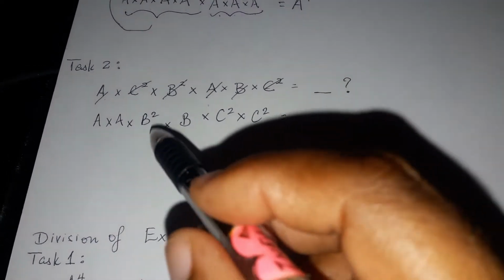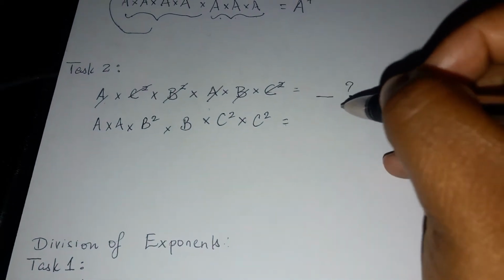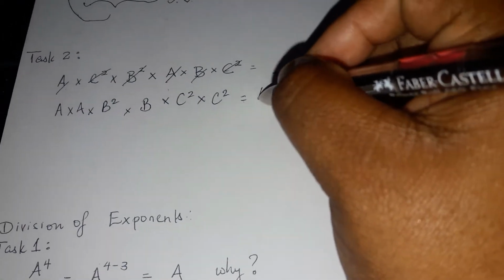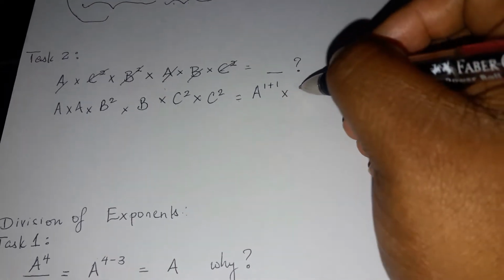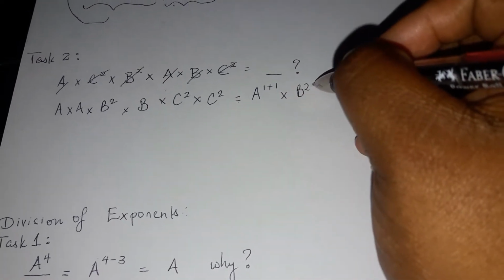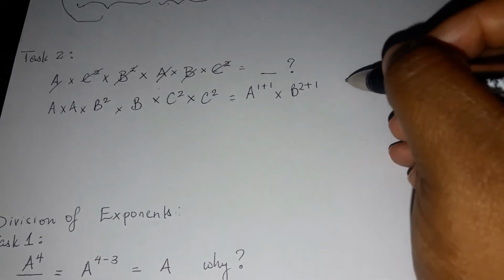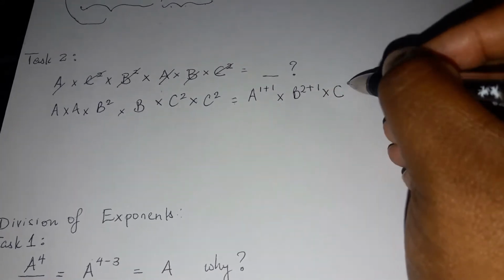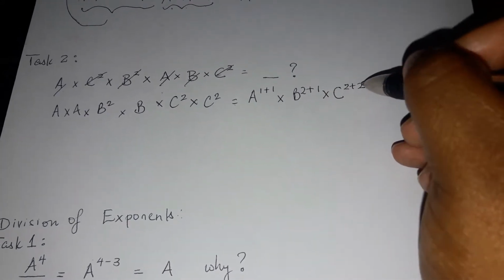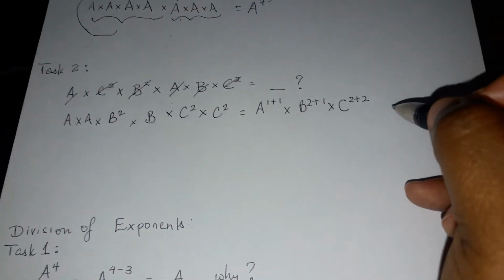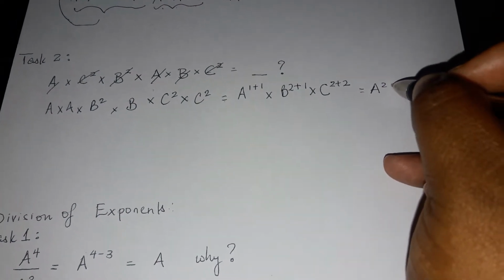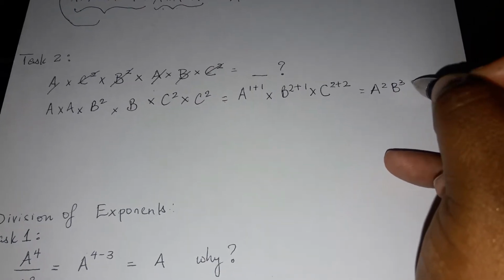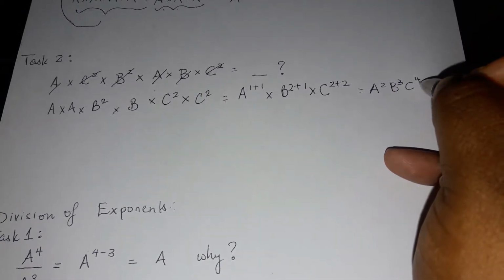If you want to make it easy on yourself, you could just do the adding. So you would say A to the 1 plus 1, times B to the 2 plus 1, times C to the 2 plus 2. And from that you would get A squared B to the 3rd power C to the 4th.